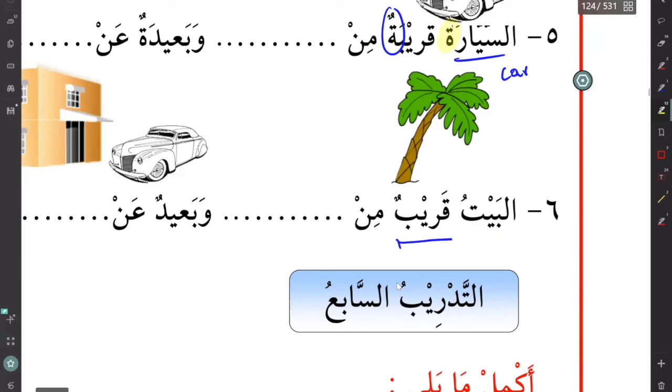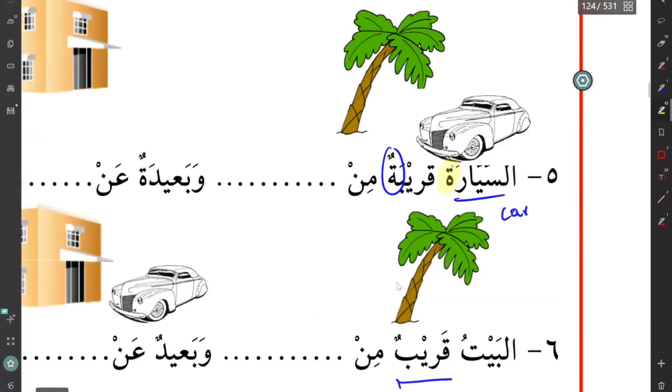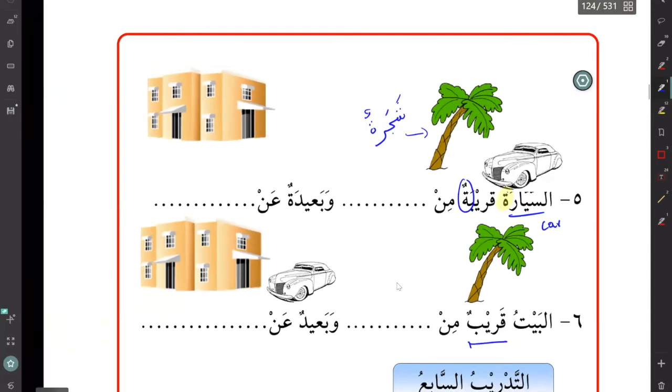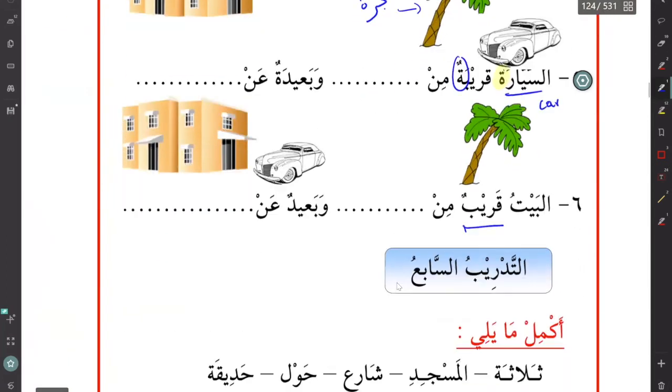So your adjective needs to be in the same gender. Now, I say as-sayyaratu qaribatun minal... how do you say, looks like you can say shajara, shajaratun, which is tree. So you can say as-sayyaratu qaribatun minash shajarati. Right? Now, inshallah, you can complete the rest.